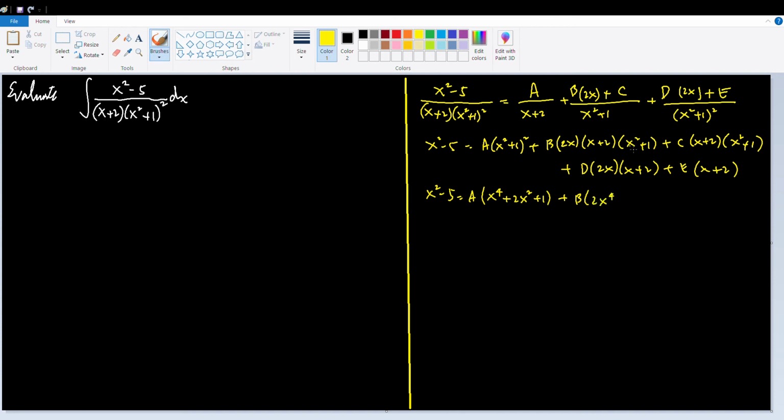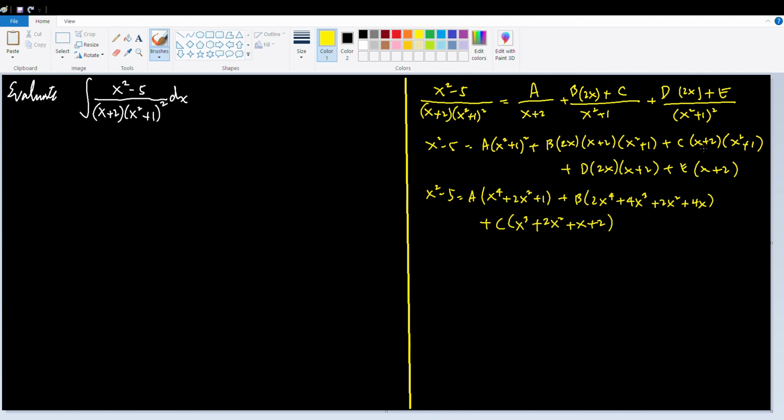Then 2x squared times 2x is 4x cubed. x times 2x is 2x squared. 2 times 1 is 2 times 2x is 4x. Plus c times x plus 2 times x squared plus 1 is x cubed plus 2x squared plus x plus 2.